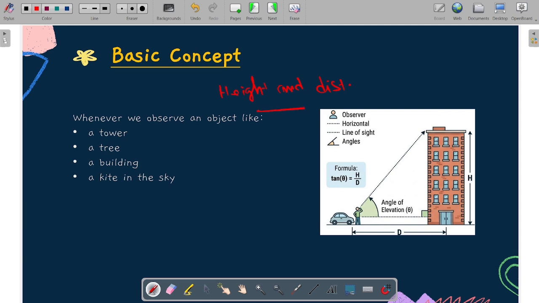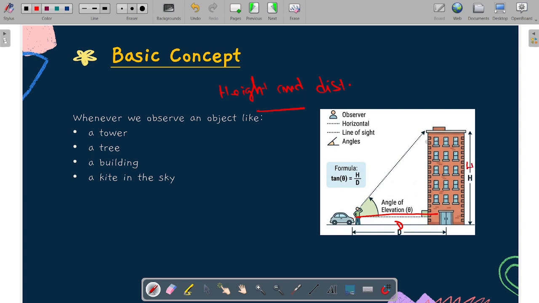Height and distance problems are based on right angle triangles and trigonometric ratios. Let's see, this is the building and this is the man standing. ये man d distance की दूरी पर है और building की height है s.